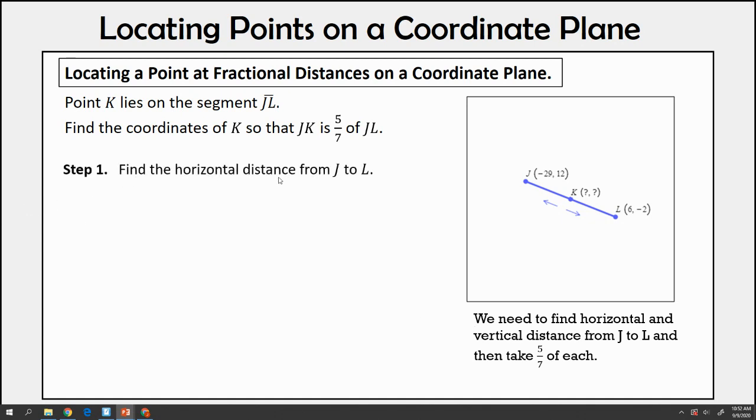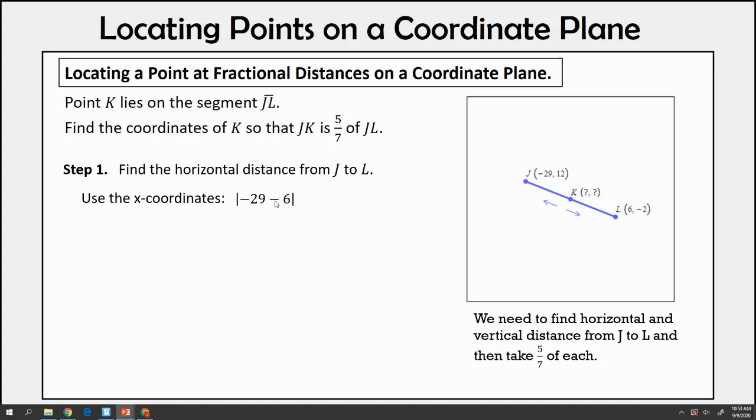The first thing we have to do is find the horizontal distance from J to L. The horizontal distance is the x-axis, the horizontal axis. So we're going to use the x coordinates and find the distance from -29 to 6. This is what you really worked on the other day, right? To find the distance between 2 points, you subtract them.